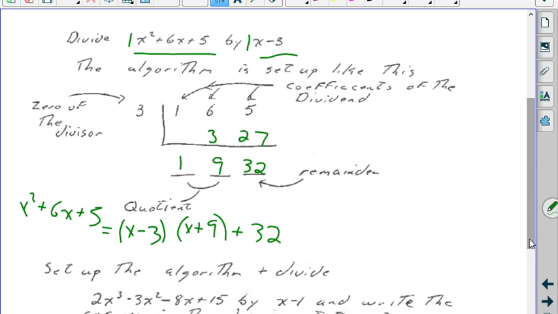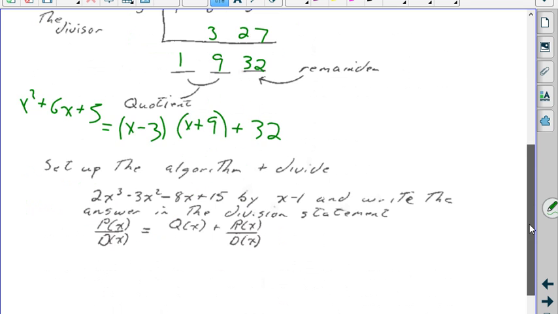A lot quicker, a little more compact. But we have to follow the same rules. We have to have the powers of x, or whatever variable, in decreasing order. And we have to put placeholders if we have a power of x missing, like 0x squared.